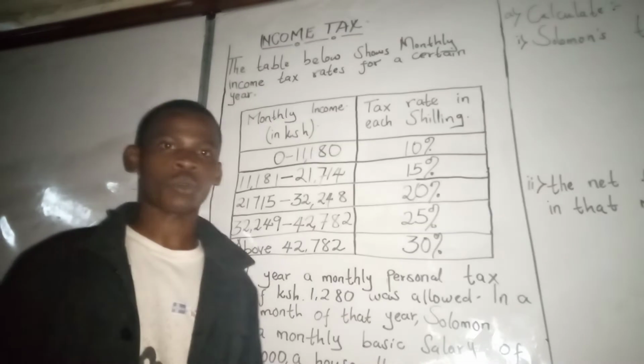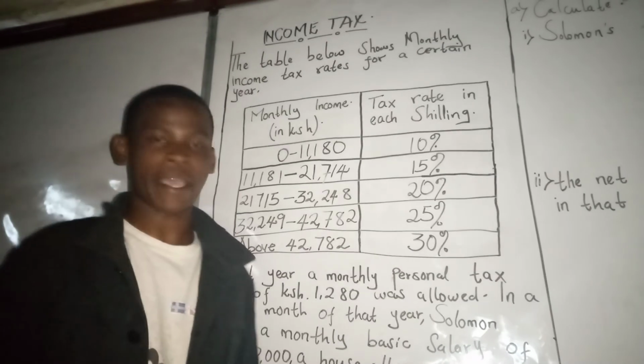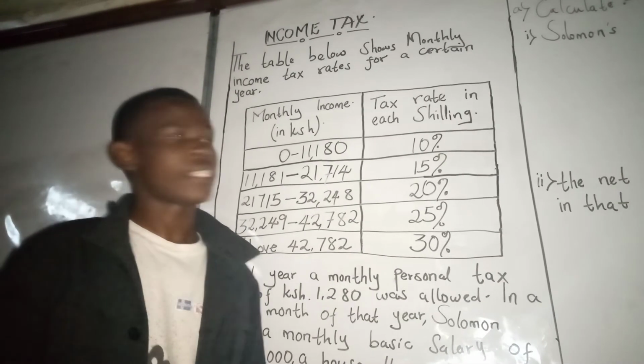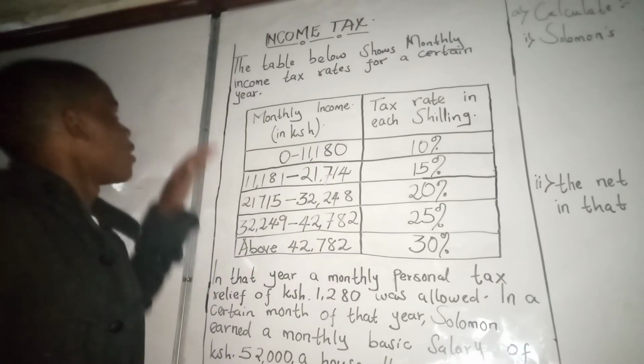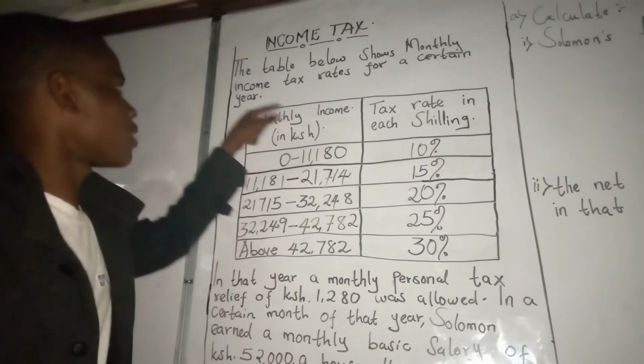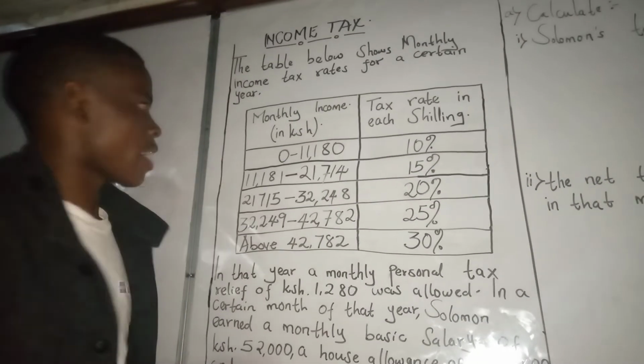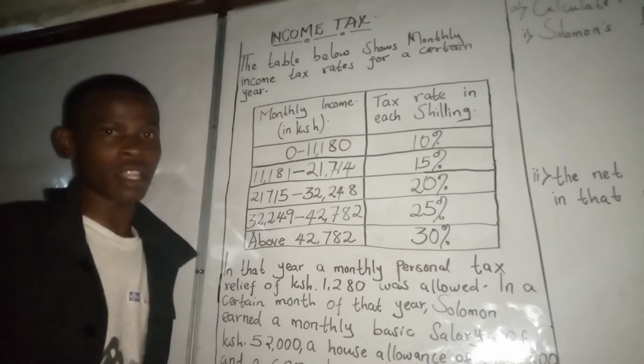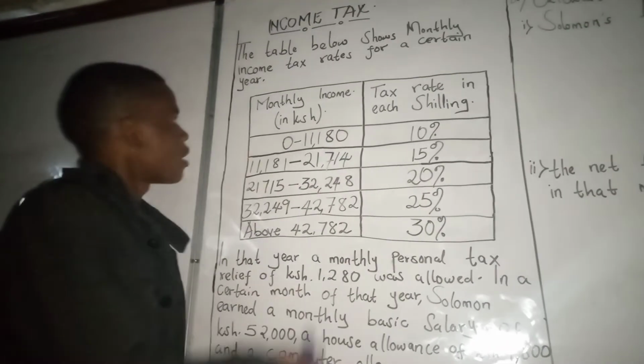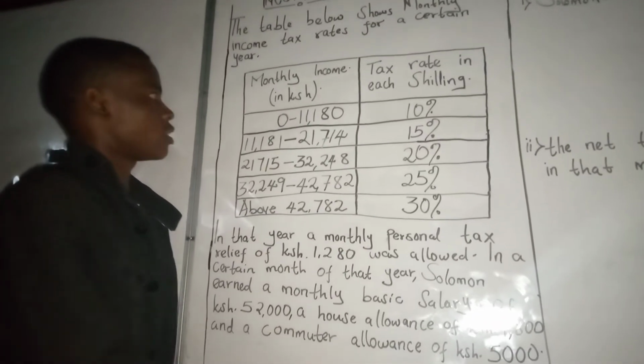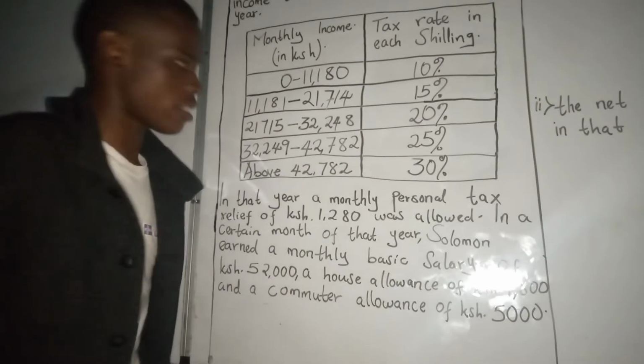It's a section 2 question which I have prepared for you, and the question reads: the table below shows monthly income tax rate for a certain year. So this is the table which has the tax rate and monthly incomes. So these are the monthly incomes and these are the rates.